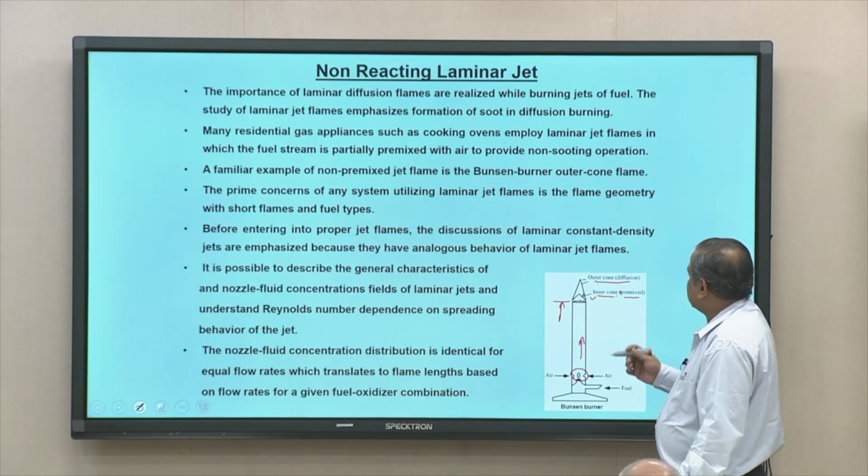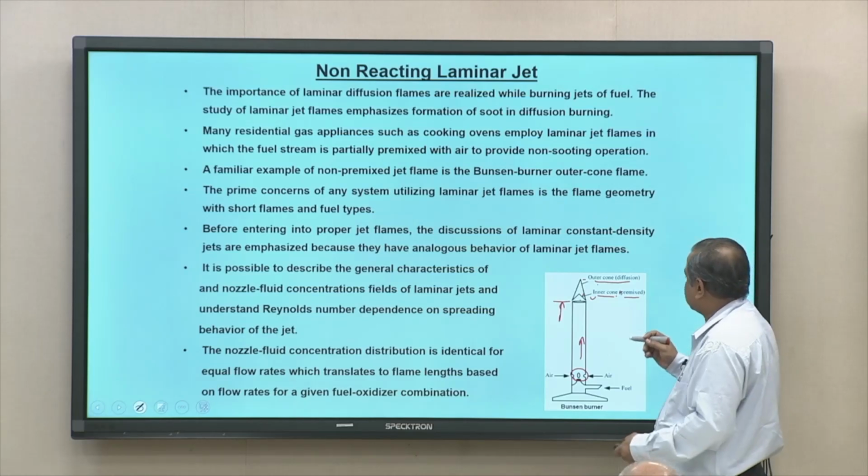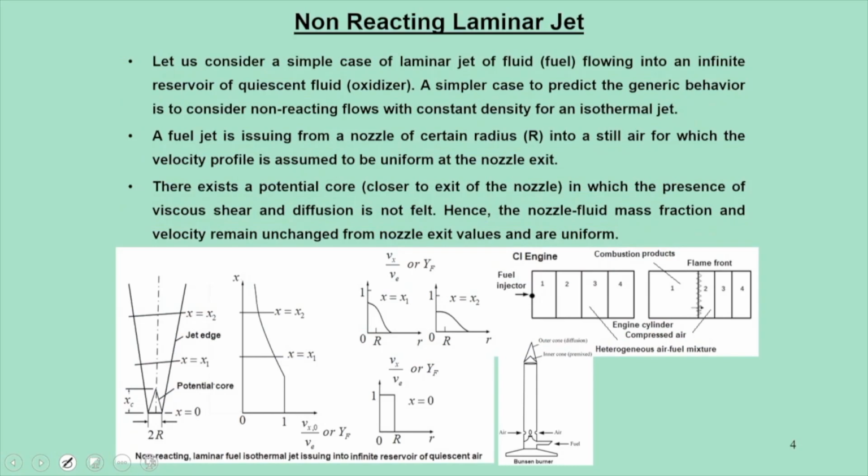Now the typical study for this kind of thing, you see here in this combustion chamber where we have a fuel injector, when the fuel is sprayed into this combustion domain, it comes as a jet, and when it comes as a jet, it tries to spread.